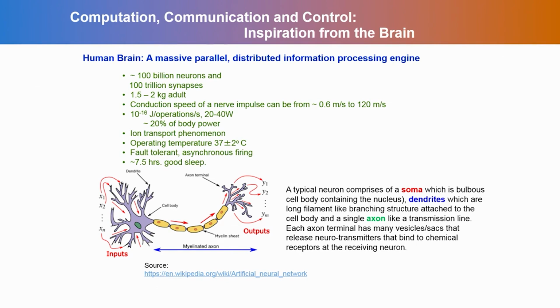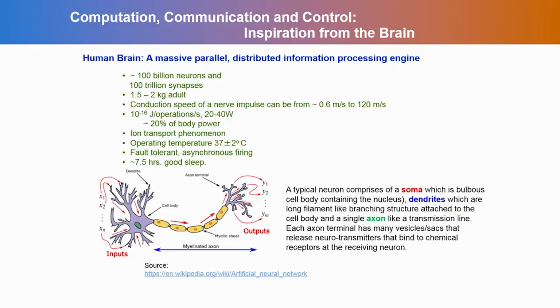Error correction is sort of ingrained within the human brain. The firing of the neurons is asynchronous, and we know from circuits and systems that asynchronous systems do not have an inbuilt clock, and therefore we have a power reduction automatically. So, this is sort of an inspiration that we can draw from biology, and we need 7.5 to 8 hours of good sleep to function.